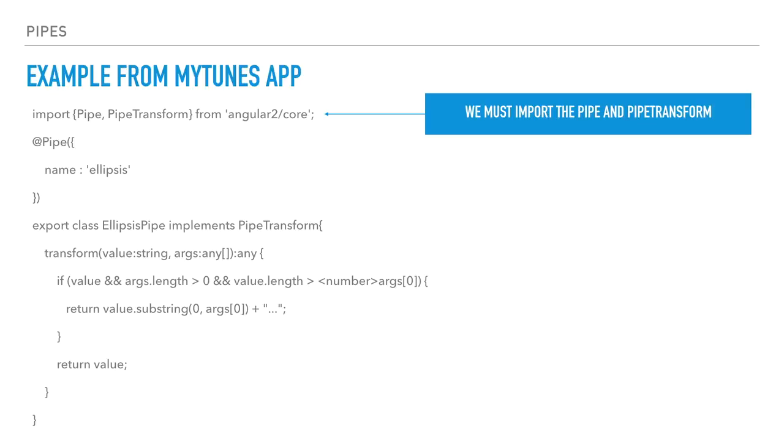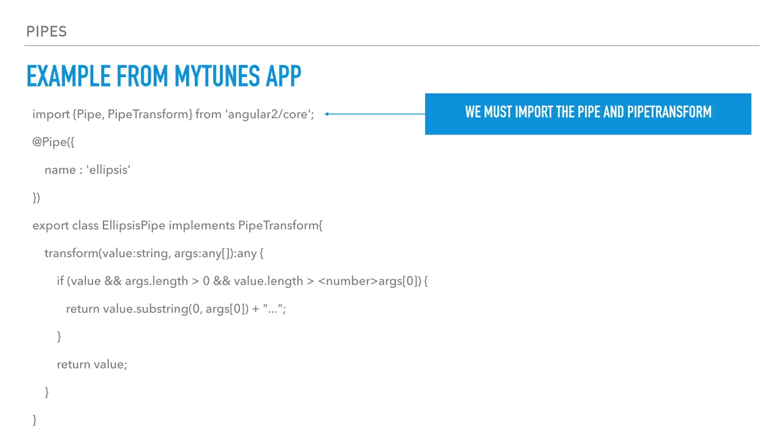So continue reading the code. We see that we have the implements, so we will use the interface PipeTransform. We have to implement this function, and this function takes an input. This is the value, the first parameter, and it receives several parameters as arguments, because we may need extra parameters for the transformation that we want to apply, and then we have to return a value.